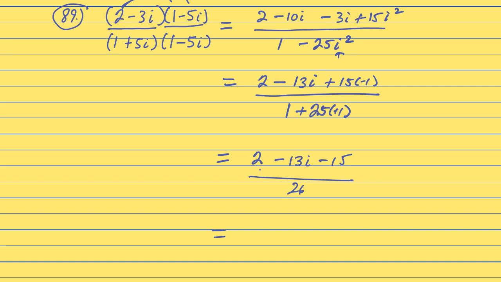So 2 minus 15 gives you negative 13 minus 13i, and since you're dividing by 26, 13 over 26, 13 times 2 is 26, so this is actually negative 1/2 minus 1/2 i.